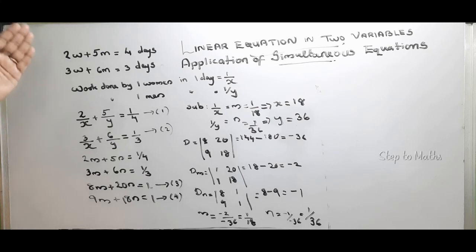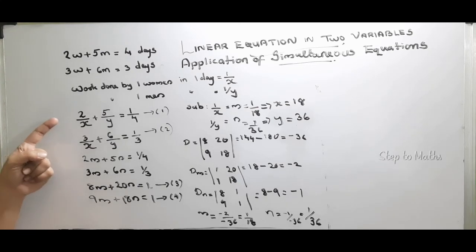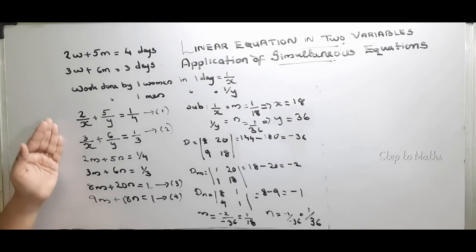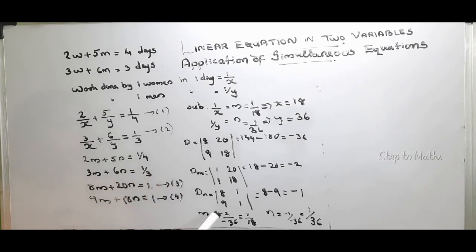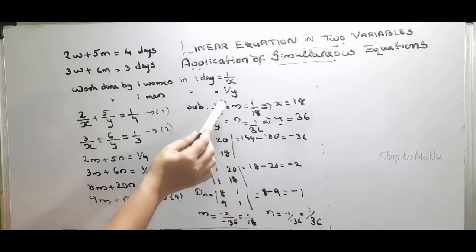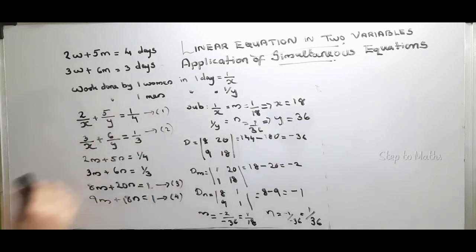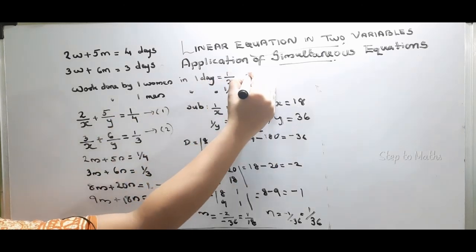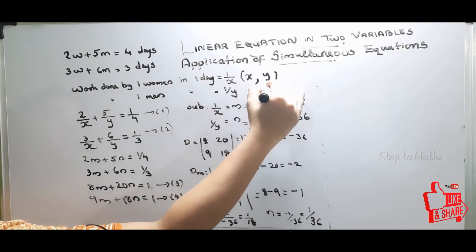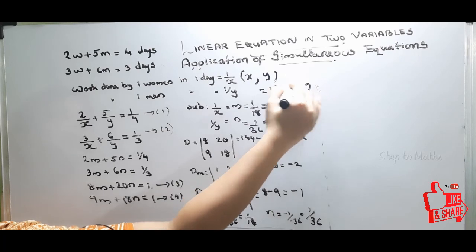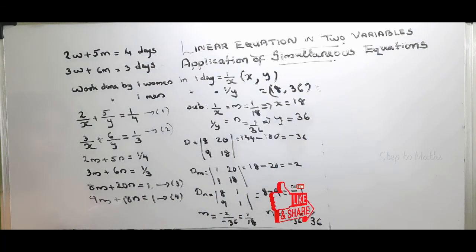Then we change this into 1 day form and change it into linear form, solve using the determinant method, and finally we get the solution that the work done by one woman requires 18 days and by one man requires 36 days to complete the work. Thank you.